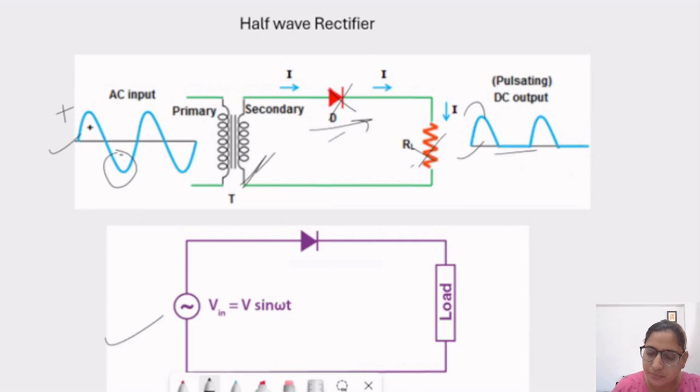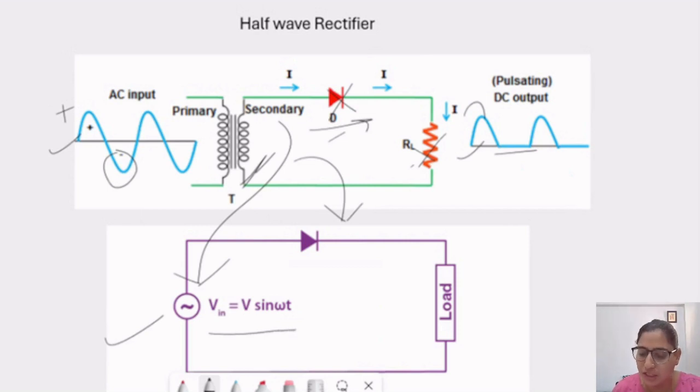Now here we are simplifying this diagram to this one, and this secondary output we are considering here as this. So this is the output of the secondary of the transformer and the input voltage is in sine wave form, which is V sin omega t. And this waveform is traveling towards the diode.